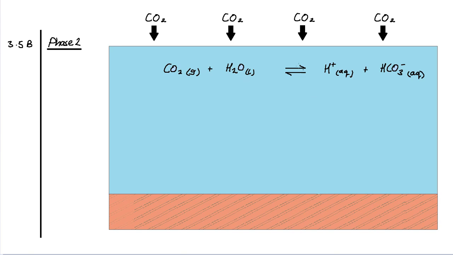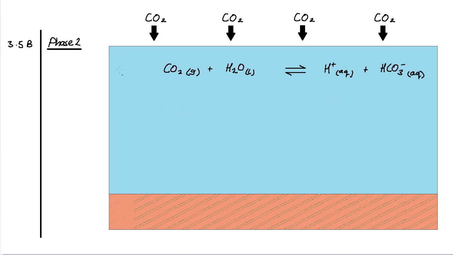Now, what I want you to pay attention to here is we've got this reversible reaction sign. Okay, that means that the reaction can go either to the right or to the left, in the forward direction or in the backwards direction, depending on the conditions, and that's important here.